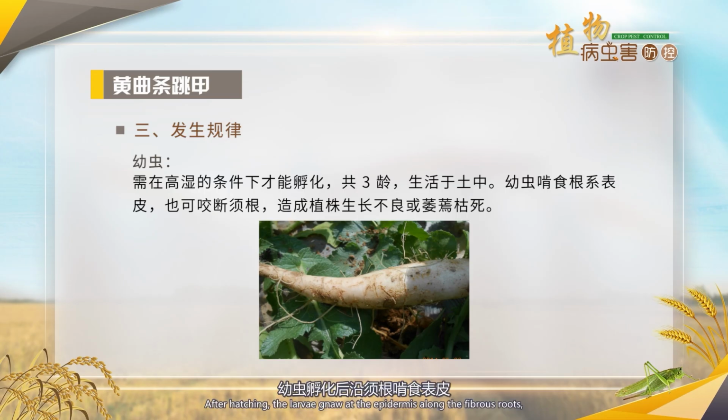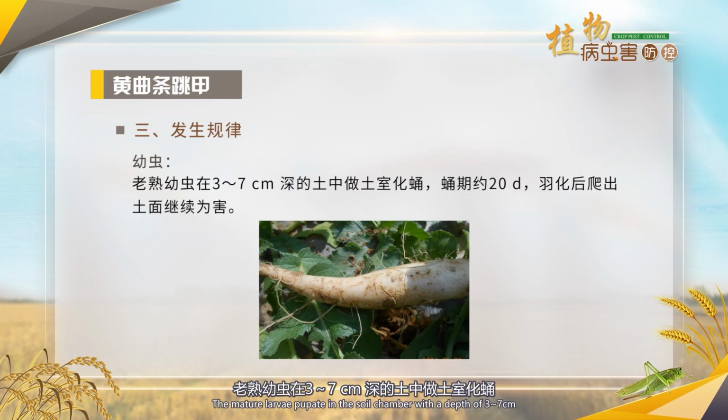After hatching, the larvae gnaw at the epidermis along the fibrous roots or bite off the fibrous roots, resulting in poor growth or withering and death of the plants. The mature larvae pupate in the soil chamber with a depth of 3 to 7 centimeters for about 20 days. After eclosion, they continue to come out of the soil surface.